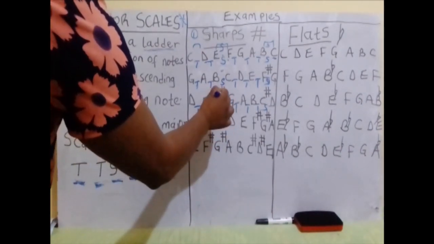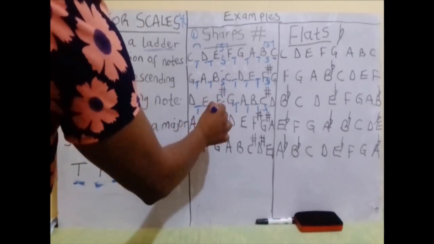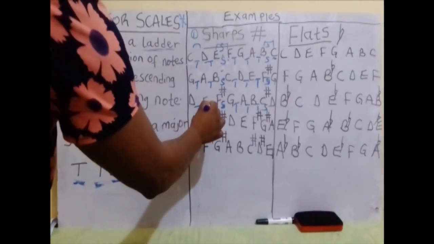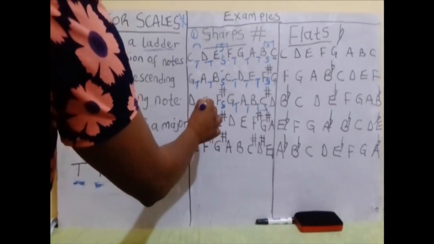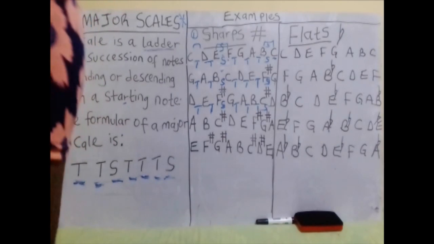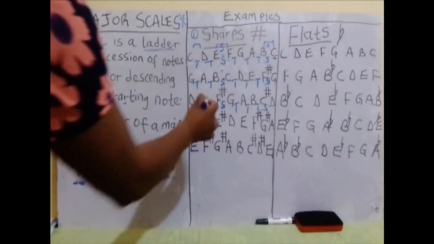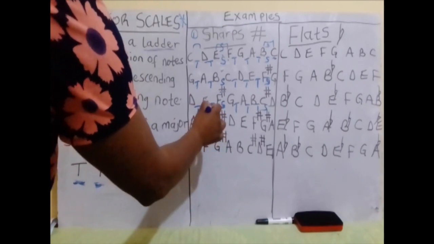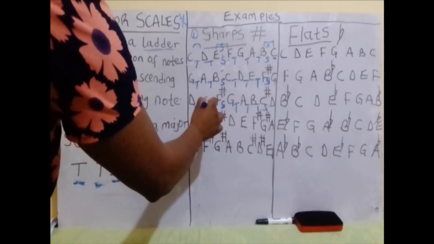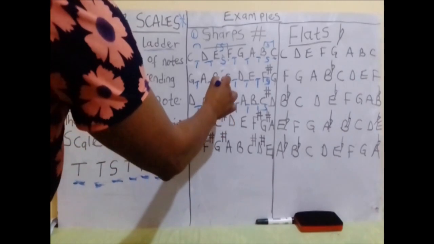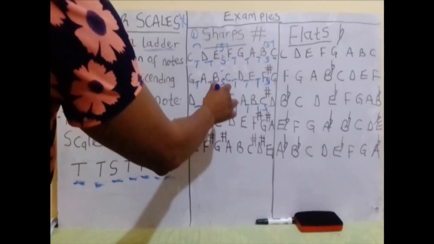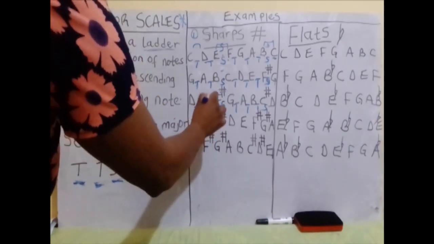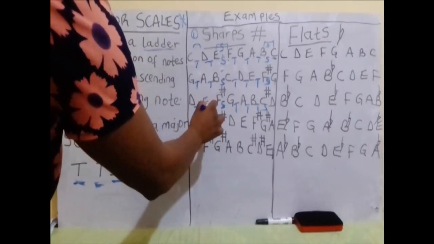And then here the distance between E and F is supposed to be a semitone, but because we want to follow the formula, now we must make the distance longer by adding a semitone here so that we can have two semitones, so that the total of two semitones makes a tone, so that the formula can be correct.